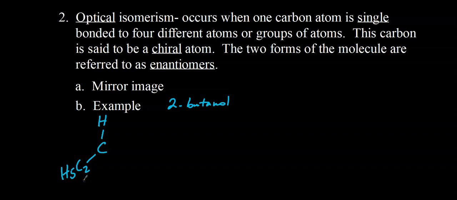What's most important is that I want to show the bonds that are not in the same plane. So remember, there's 4 carbons. So 2 here, another one here, and then one more, which I'm going to represent with a wedge. That's pointing back into the plane. Again, this is kind of hard to see, so take a look at the book.